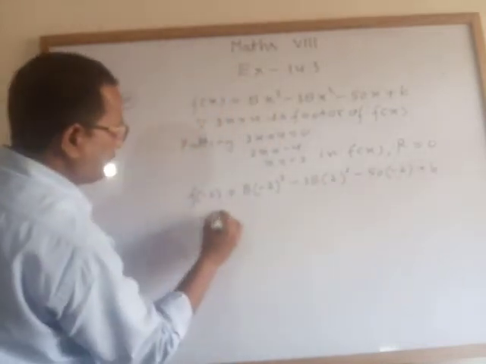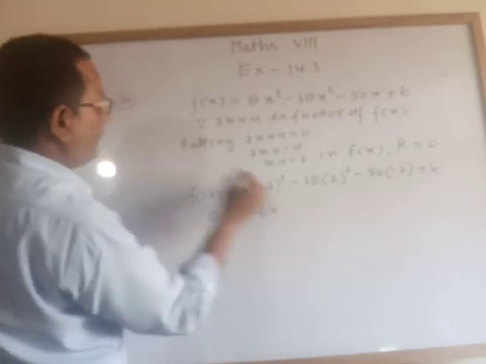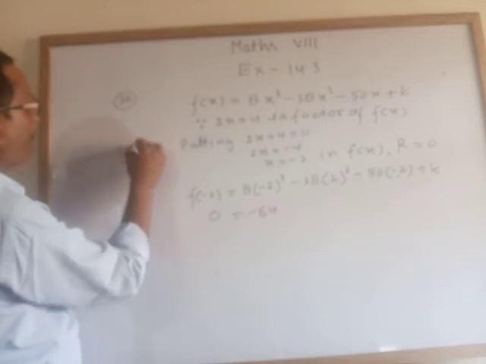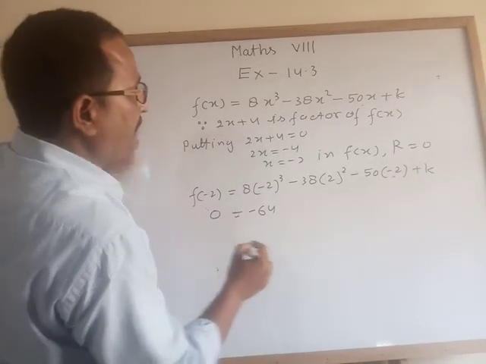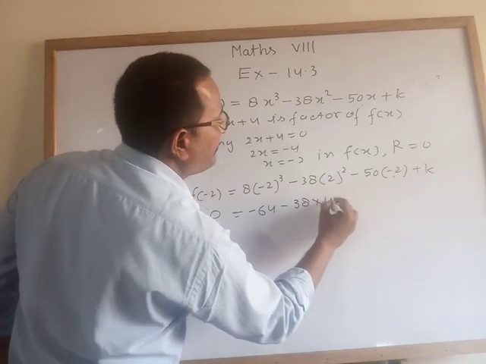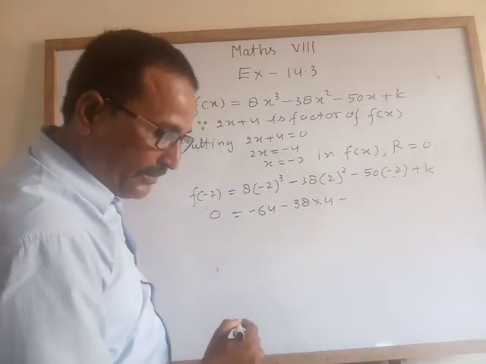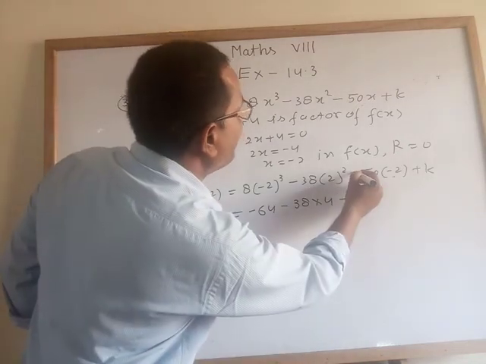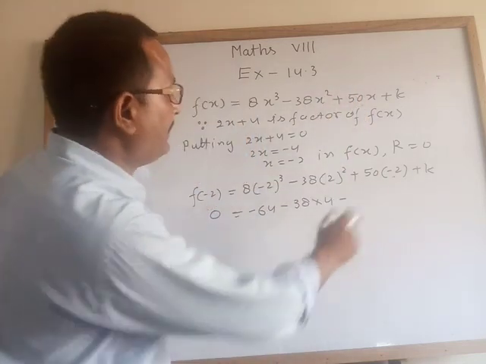The remainder is 0. Now minus 2 cube is minus 8, 8 times 8 is 64, so minus 64, minus 38 into 4. Here the plus sign is there, sorry, plus even.